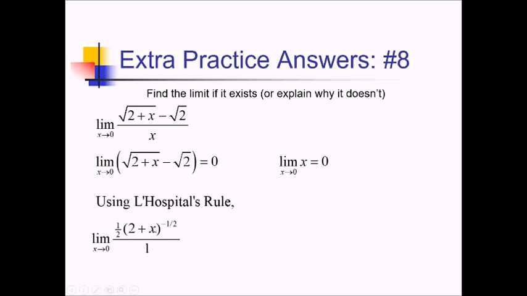And now if I plug 0 in here, I'm going to have essentially 1 over 2 times the square root of 2 plus 0. So that's going to be 1 over 2 radical 2, which really can't be simplified more other than just making sure the radical's not in the denominator. But we don't really even need to do that, so I'm just going to leave this the way it is.